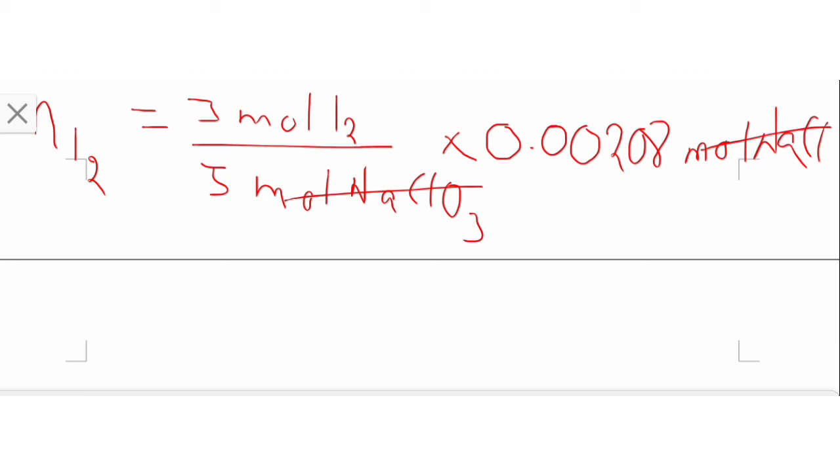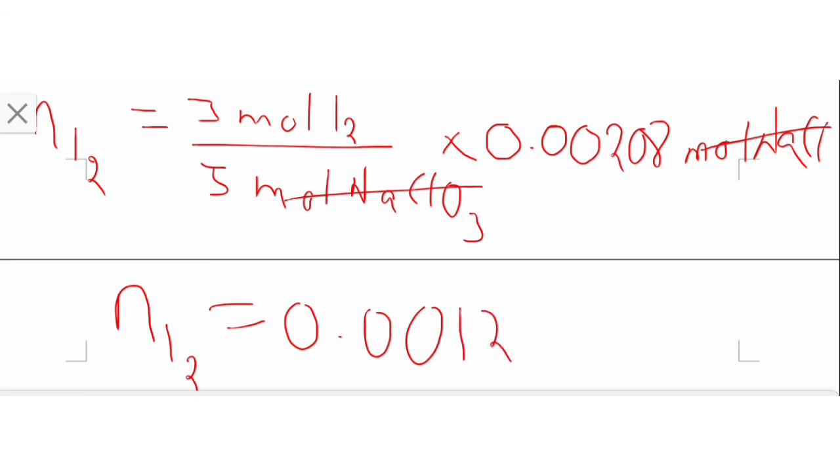Now let's calculate. What will be the number of moles for iodine after calculating? Well, after calculating, you're supposed to get 0.0012495 moles of iodine.